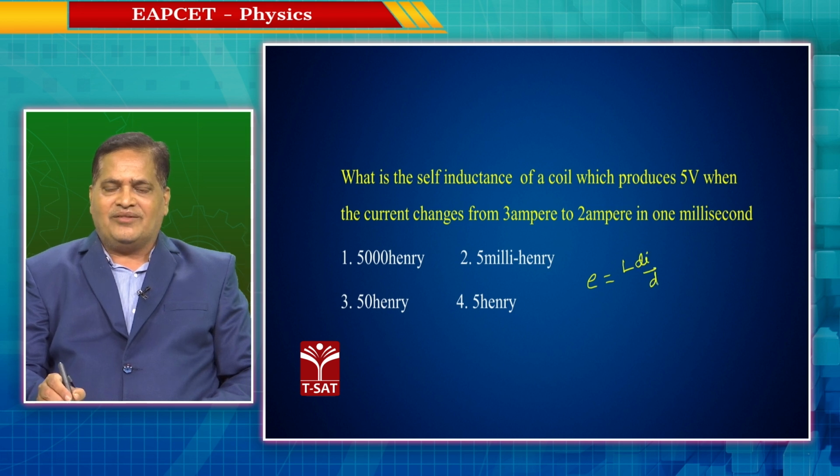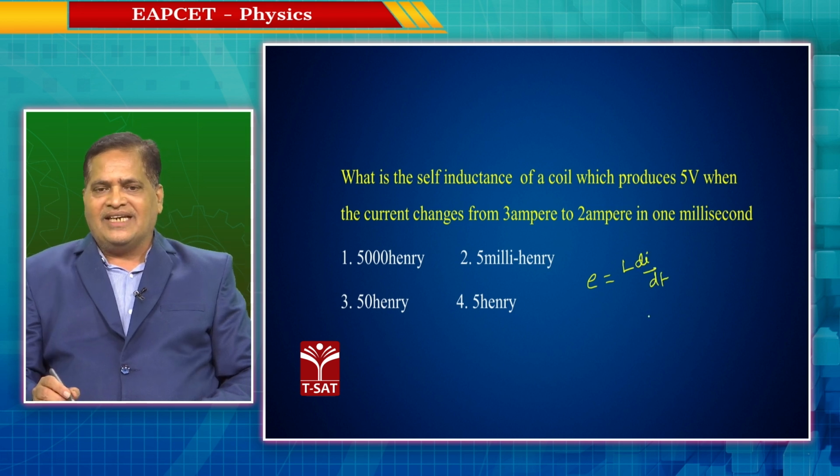Induced EMF is directly proportional to the rate of change of the current. Here the proportionality constant is known as L. We want to find the L value. L is equal to E dt by di.